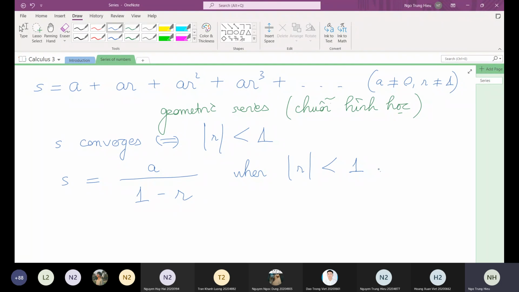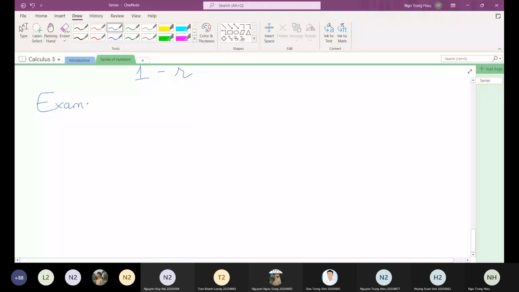So there's another example of a series that we will use a lot. We'll call it a P series. We call it the Euler series because it was maybe discovered by Euler. Right?